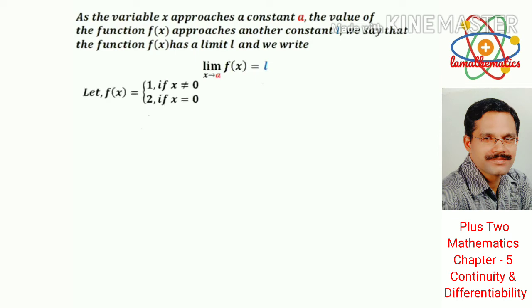Let f of x equal to 1 if x not equal to 0, and 2 if x equal to 0. This function is defined in such a way that at every point except 0, that is, for values less than 0 or for values greater than 0, the value of f of x is 1.